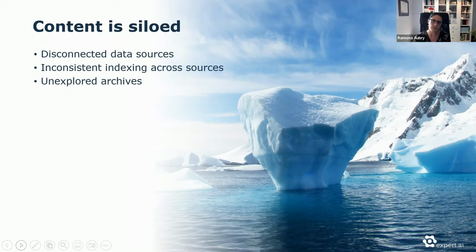And when we have sources that are not connected, it's a very different experience from when we have sources that are connected, in the sense that if we perform the same type of search as the one that we did before, we will probably get very fragmented and disconnected results. So the obstacle for navigation is because the content is siloed, but it's also because we don't have a way to connect these data sources with a global strategy that is usually provided by a controlled vocabulary like a taxonomy.